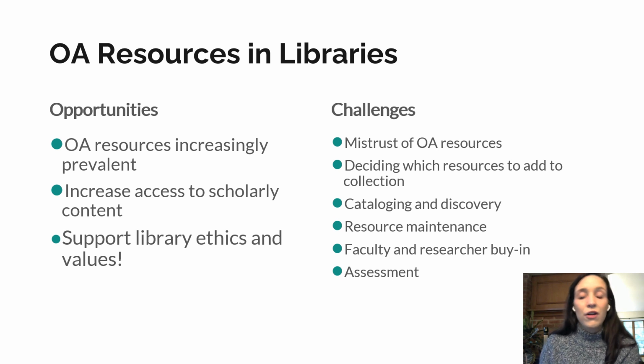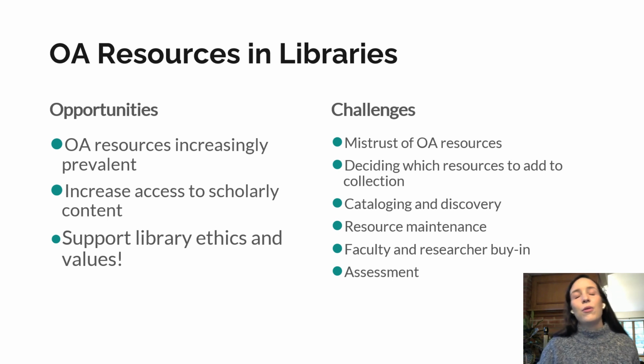But of course, there are challenges as well. So there's still a mistrust of OA resources among research faculty and librarians. We really have to decide and vet what we are going to add to our collection. Oftentimes it can be difficult to catalog and make some of these resources discoverable at different levels.